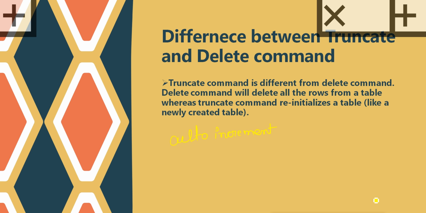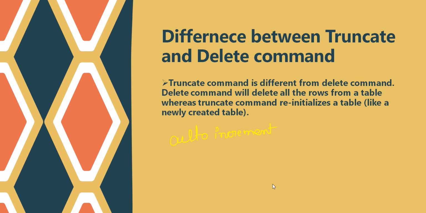Auto increment means the value increments by itself. We do not have to specify the values one by one. Let's say I have created a student table, and I have an ID column, and this ID column is our primary key.